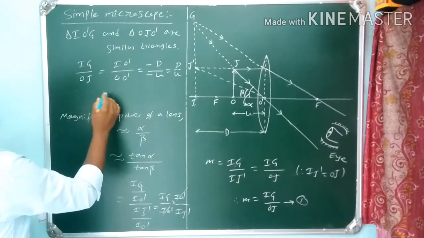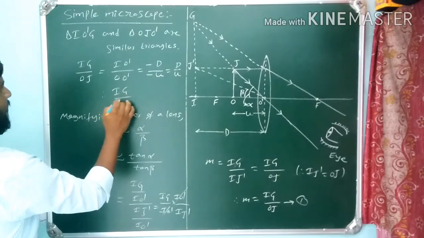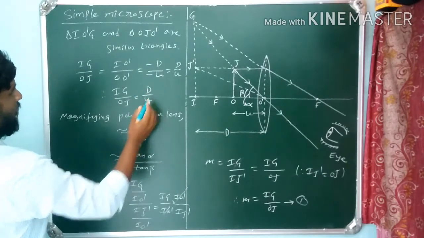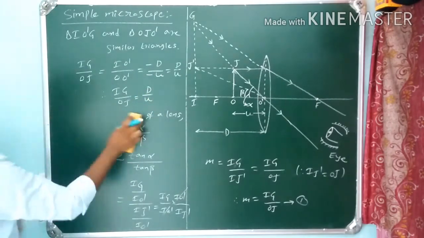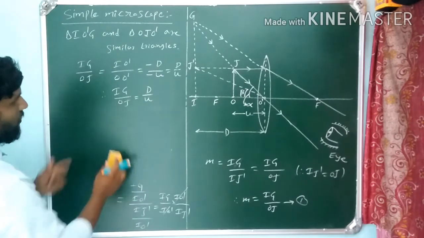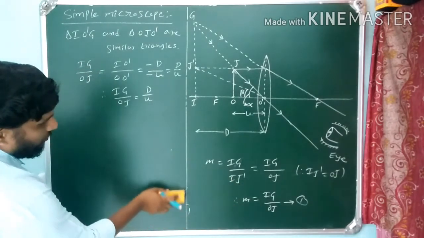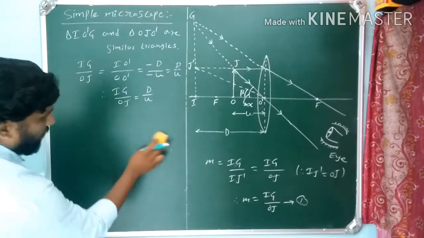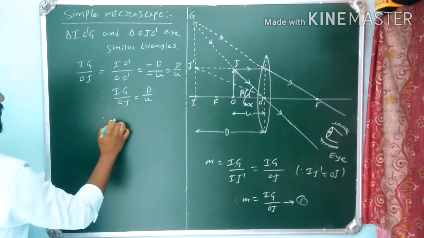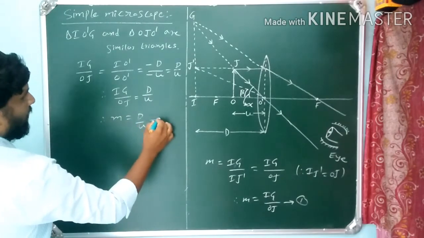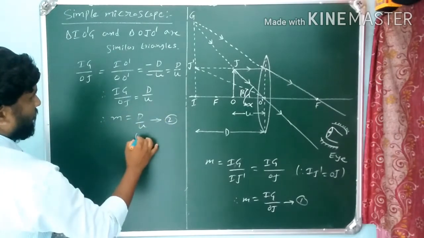From equation 1, IG by OJ equals the magnifying power of the lens. Therefore, M equal to D by U. Let us consider this as the second equation.